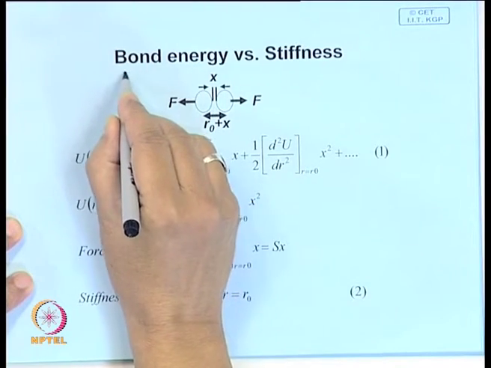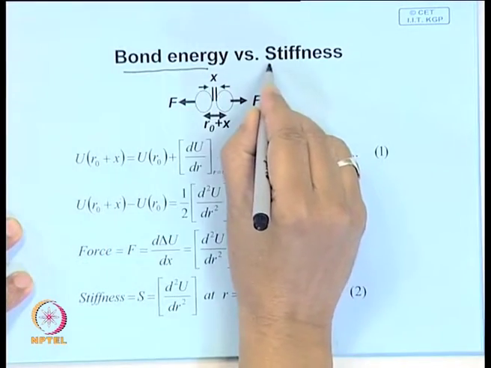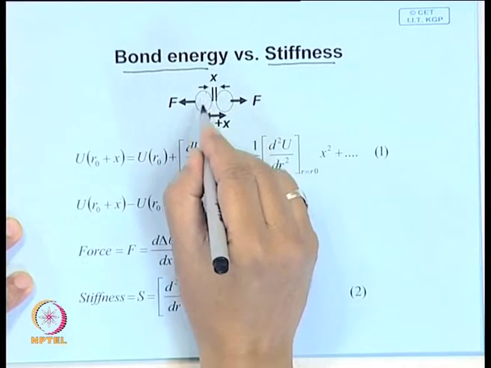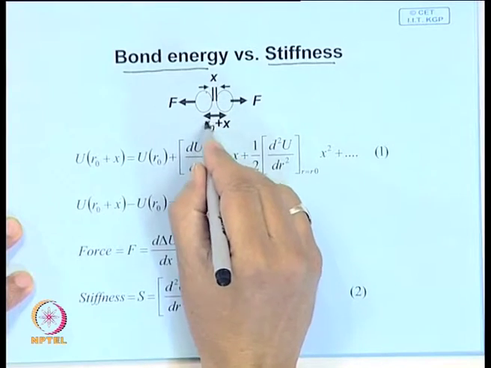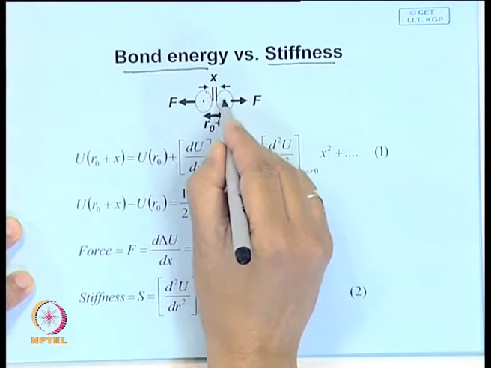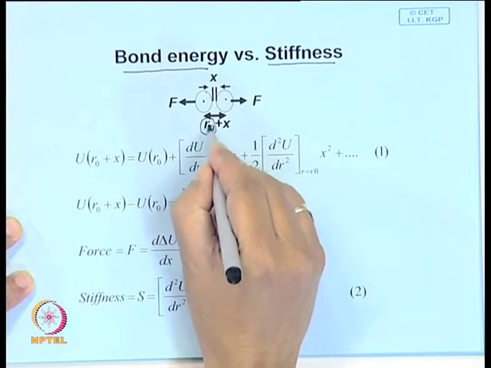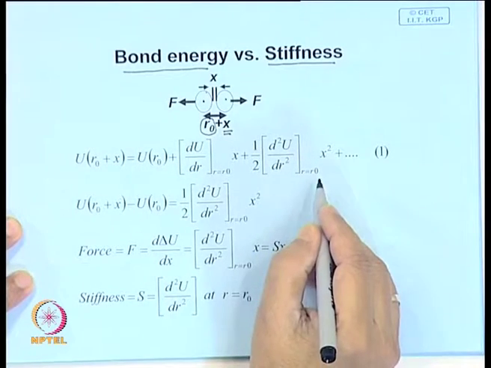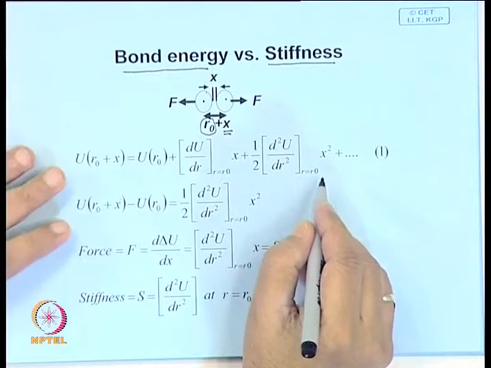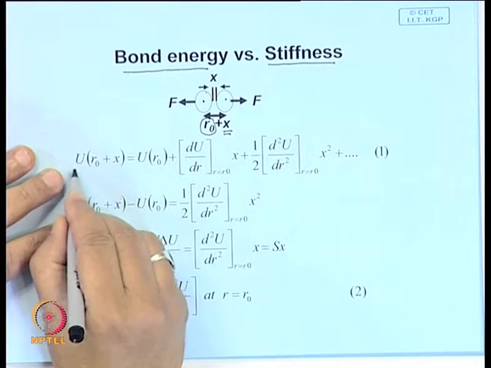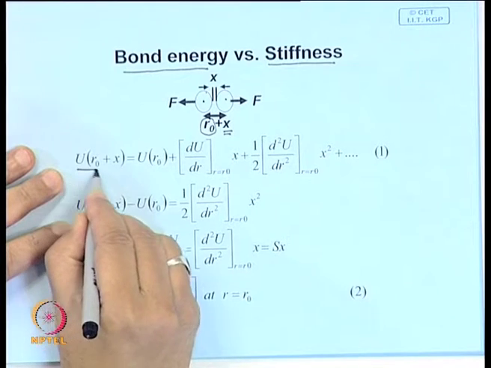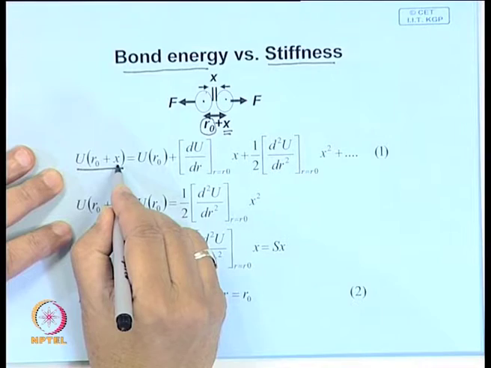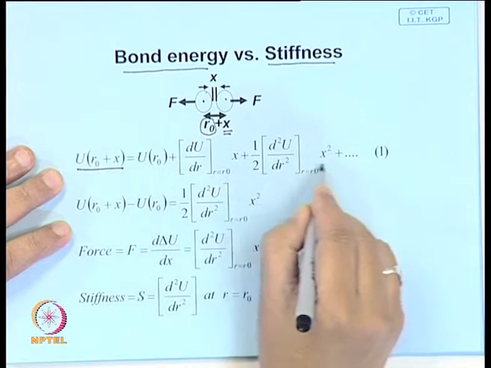And to find out the relationship between bond energy and stiffness, you imagine that you have two atoms which are nearby, its equilibrium distance between this and this is r naught. You try to displace it by a small distance x, and then the value of that energy u near r naught, that means at r naught plus x, can be given by a Taylor series.